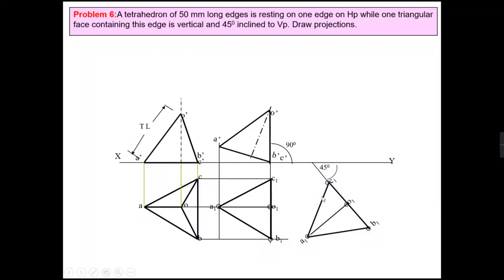And this triangular face ACB, it is also passing through A and B. So this triangular face will also be visible from the front side.